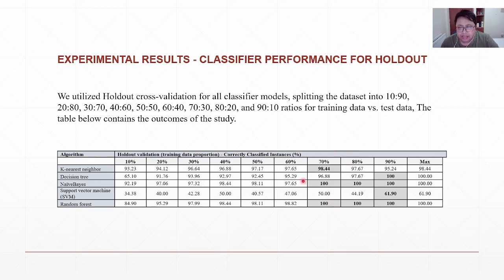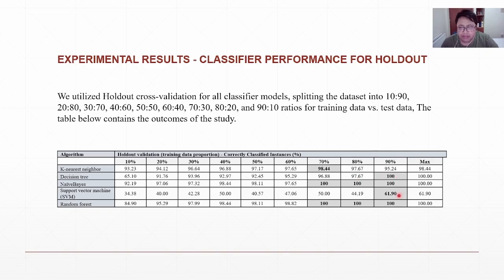We can see that for most of the cases, when we use more data as our training data, the accuracy rate doesn't improve. Sometimes it also decreases, sometimes it stays the same. For only decision tree, we got 100% accuracy when we used 90% data as our training data.